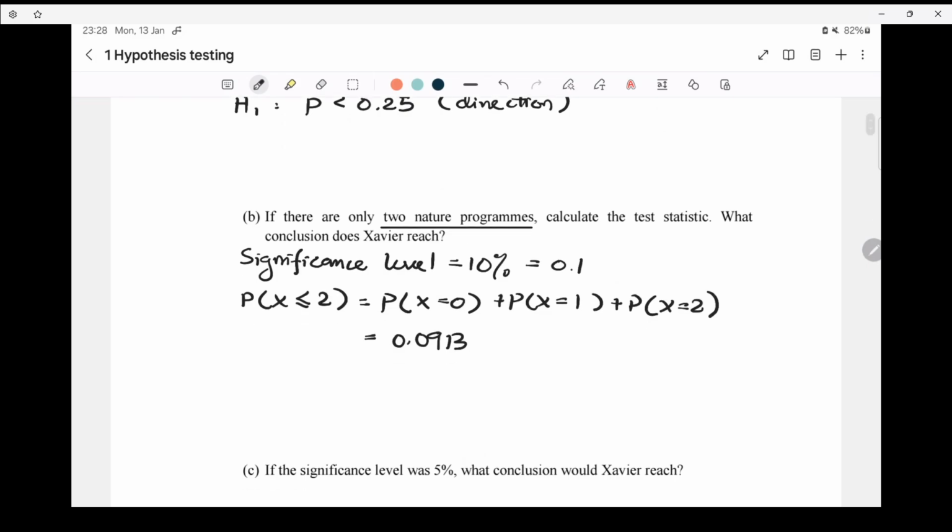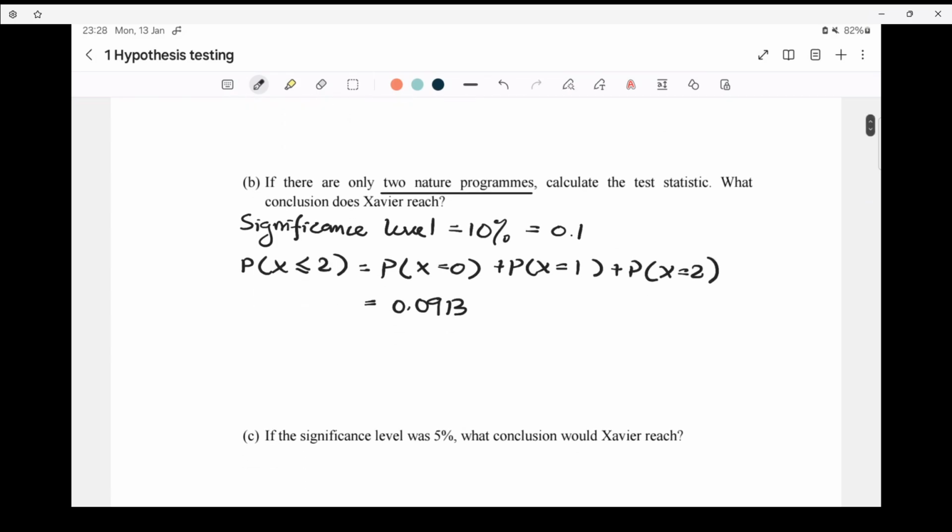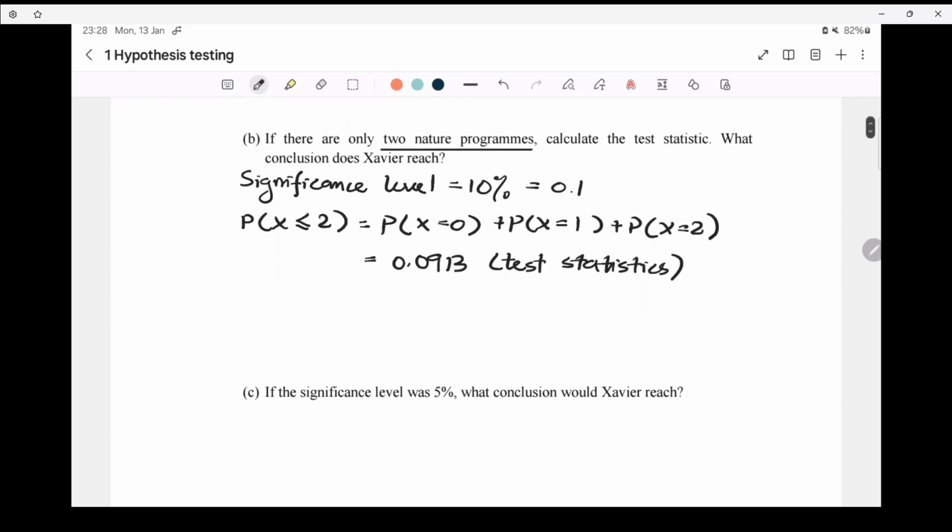So this will be the test statistic. So what are the conclusions?